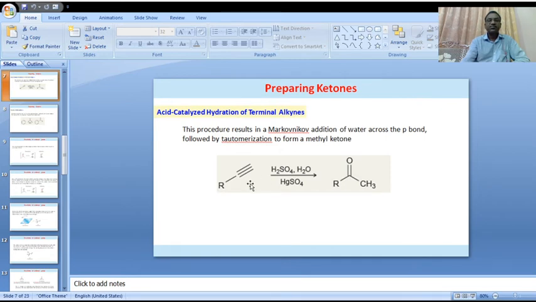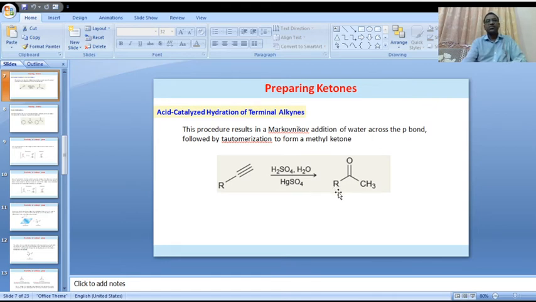Here, in the presence of sulfuric acid and mercuric sulfate, on hydrolysis, in this reaction also, the intermediate is an unstable vinyl alcohol or allyl alcohol, the enol form.